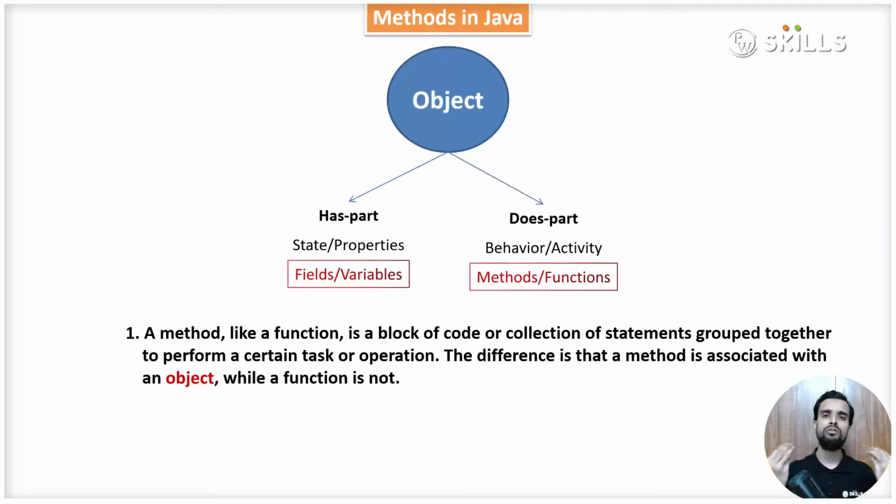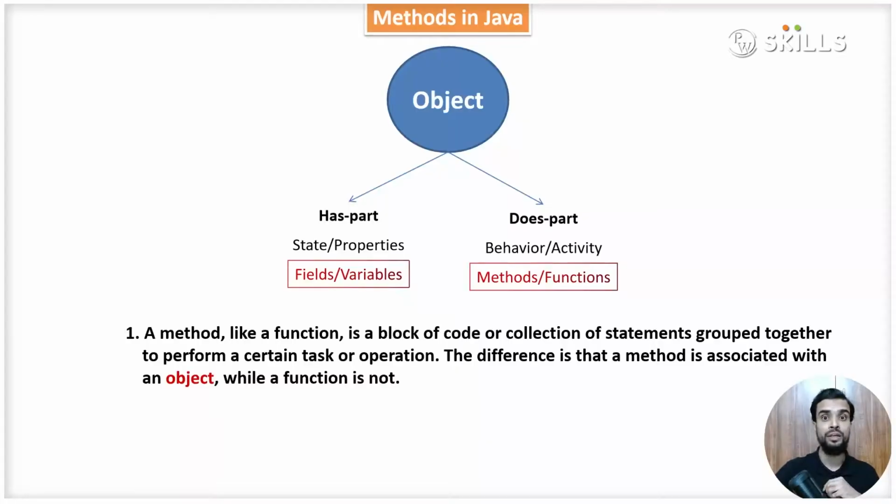For them, both functions and methods are identical. But there is a huge difference: functions are not associated with objects, but if you associate a function with an object, you won't call it a function anymore. That is what, my friends, is technically referred to as a method. And undoubtedly, a method, just like a function, won't be executed automatically. For you to execute a method, it must be called.